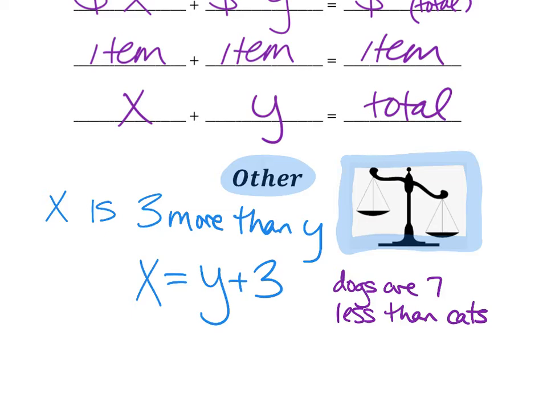That's dogs. Shake your other arm. That's cats. If we say dogs are 7 less than cats, what's happening to this dog arm? It's less than, so it's going up. It's lighter. So which side am I going to have to subtract from to get them to balance back out? The cats. I have to subtract 7 from the cats to get them to balance back out.